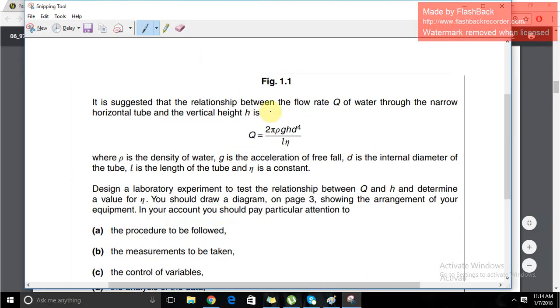And this is the flow rate, volume per unit time. So meter cube per second. And the vertical height, which is this one.